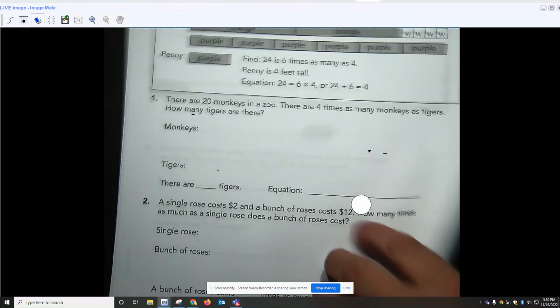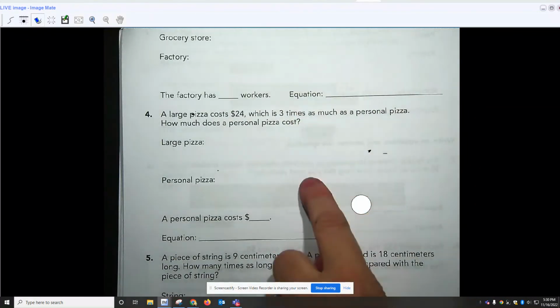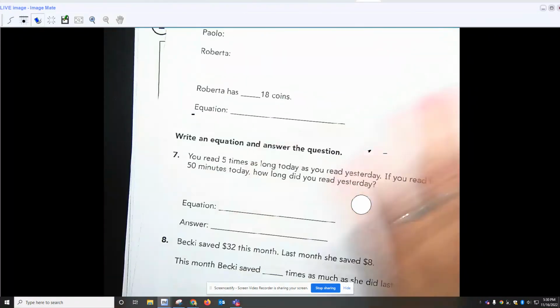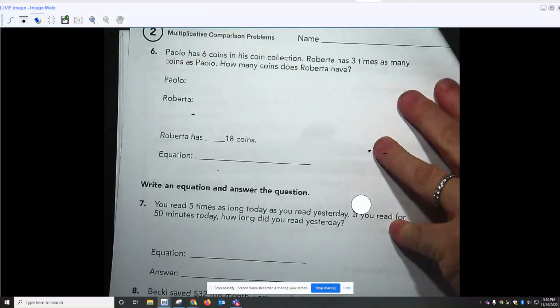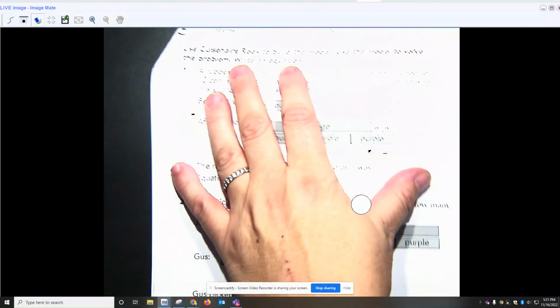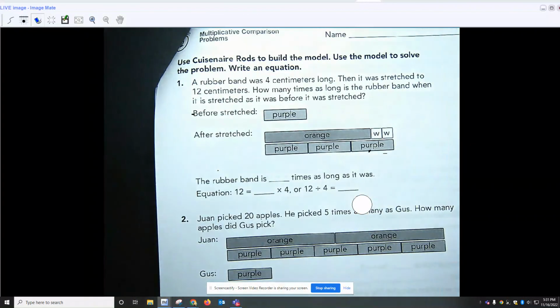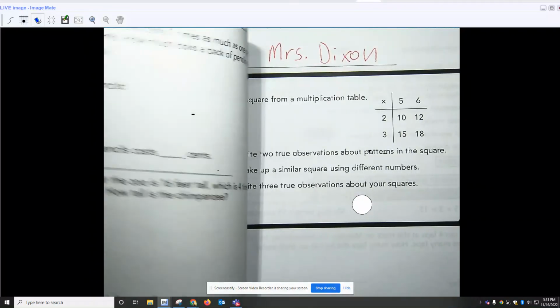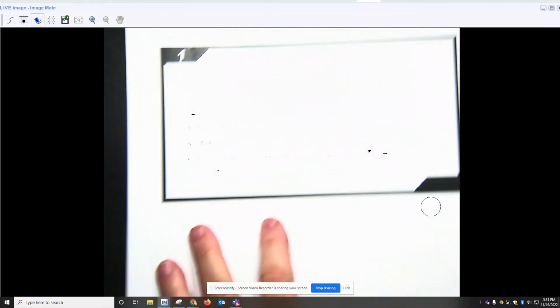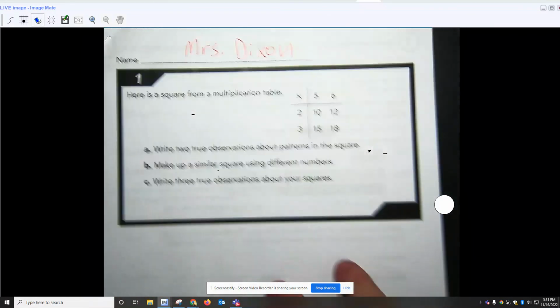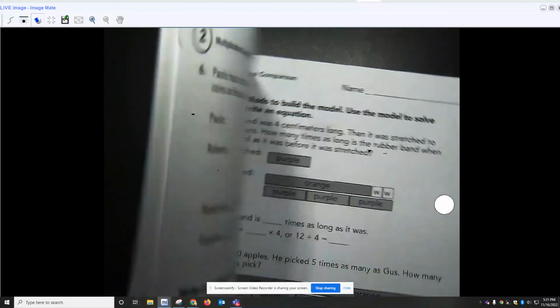You've got number 2, 3, 4, 5, 6, 7, 8. And if you feel up to finishing the next set, 1 through 6, you can do that. If you run out of time, it's okay if you don't finish the whole thing, but I would expect that you finish at least the first 8 problems.